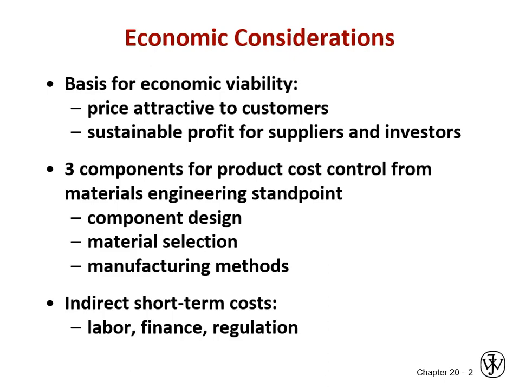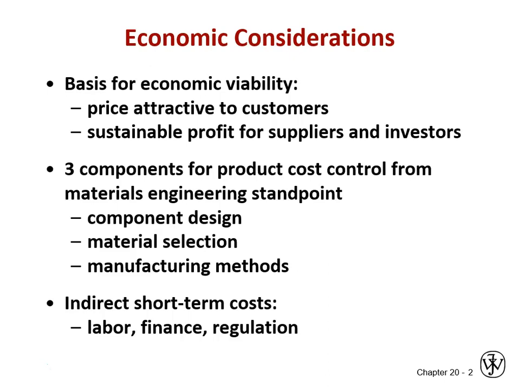So we really need to be able to make a profit so that the part that we are designing and manufacturing is actually having a net positive impact on the GDP of whatever nation or global collective is supplying it. So we have three components for product cost control as materials engineers.